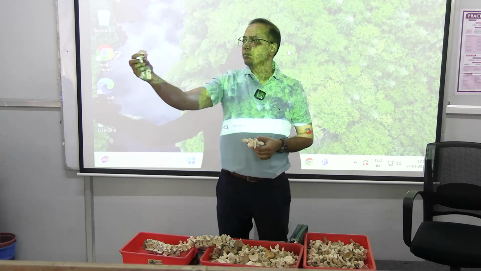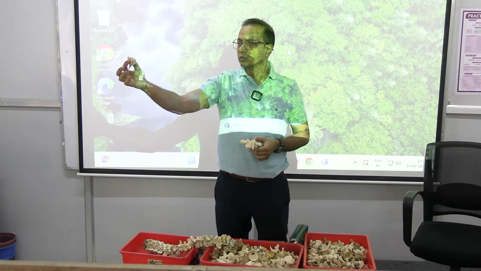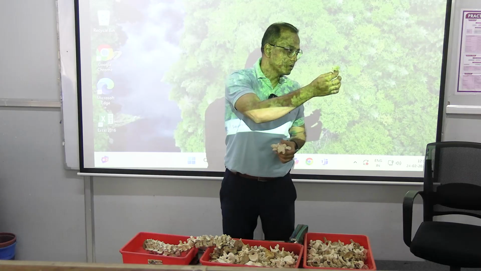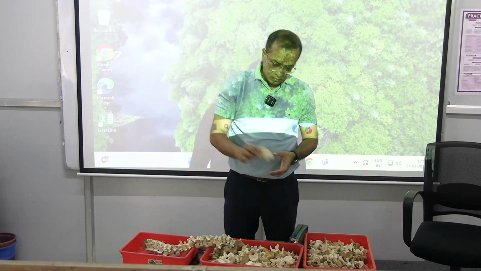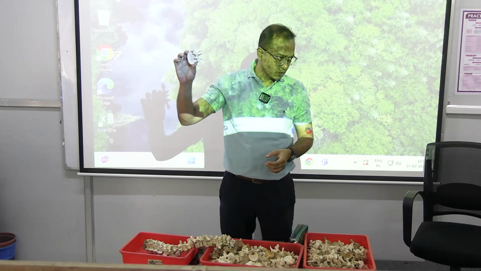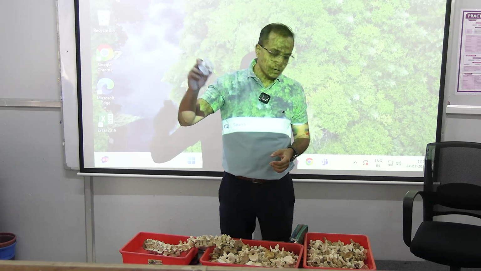This is a cervical vertebra, you see that, so thin and so narrow is the body compared to this one, which is huge, right. So the body is really huge, and the transverse diameter is more than the anterior-posterior diameter.